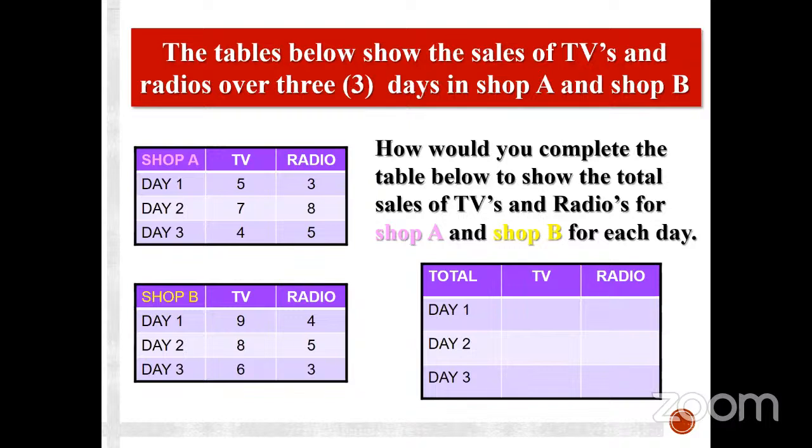What information would I put for the total for day one for television? What would give me that total? I want to know the total for both shops on day one for television.